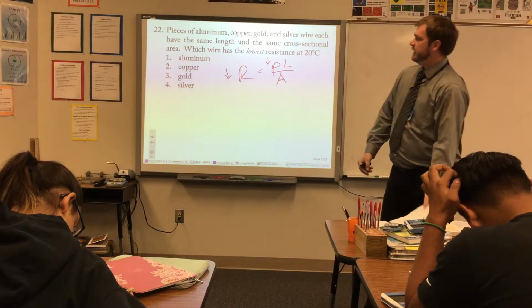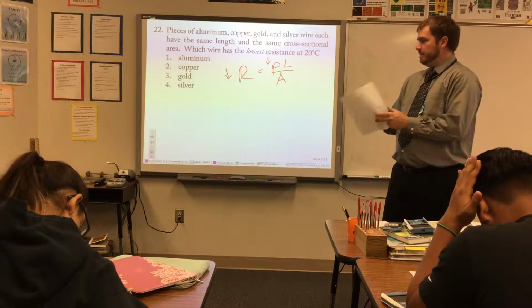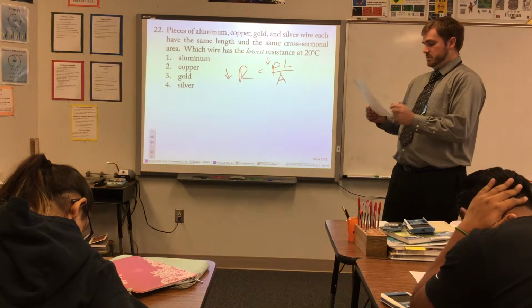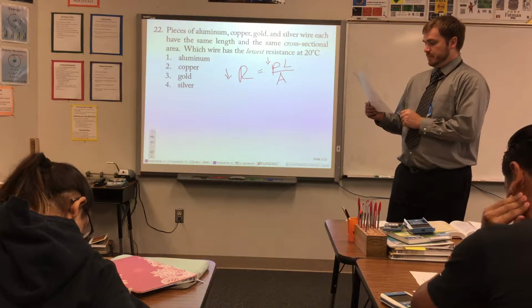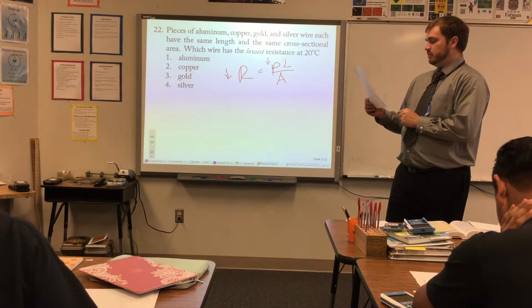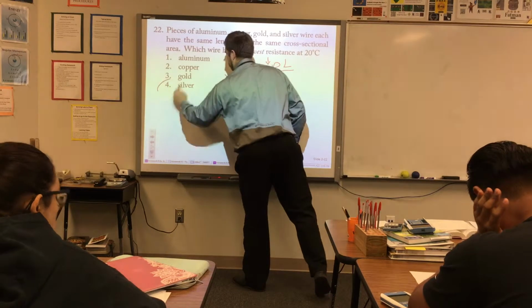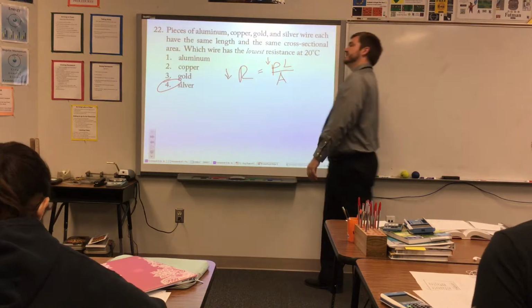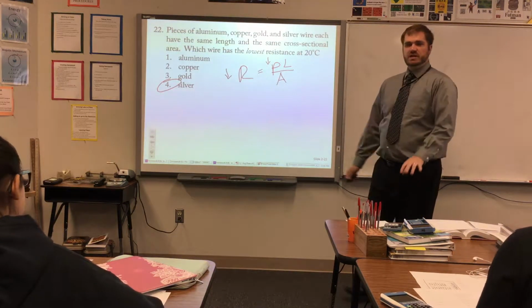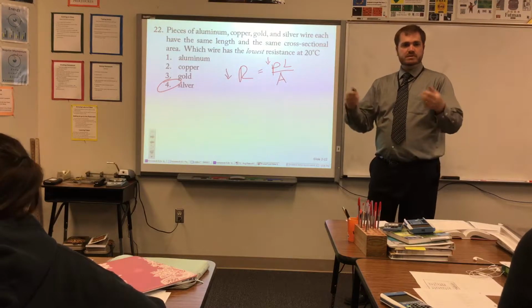Who has the lowest rho out of those? Aluminum, copper, silver. 1.5 times 10 to the negative 8. I like it. See, it's just y'all getting a feel for these formulas.